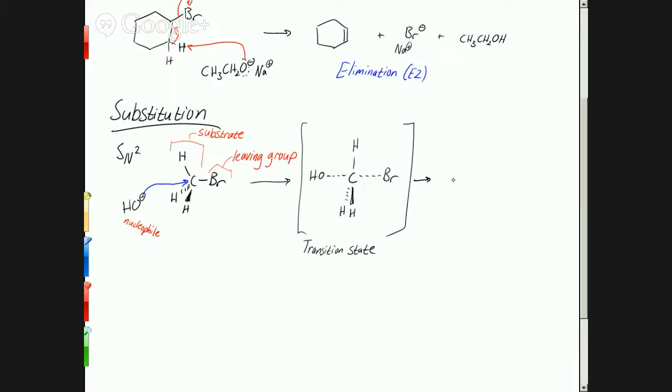So the final substitution product here is going to be the OH over here and it's pushed those hydrogens all the way back to make a new tetrahedron. So look at how those hydrogens have flipped from there to there. Kind of like an umbrella in the wind, just pops out the other direction.